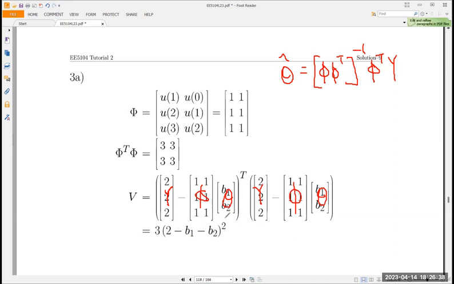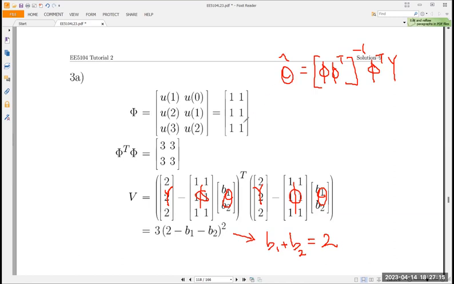So if you equate this to 0, you can see that the minimum V is when B1 plus B2 equals 2. You cannot solve for B1, B2 because there are infinite solutions. So that's what it means: your solution for the unknown is not unique, if you cannot invert it.